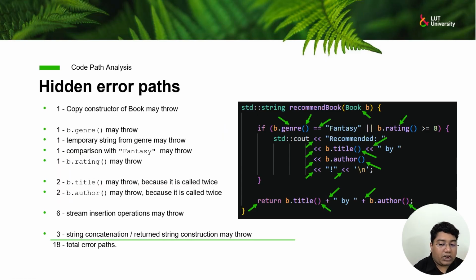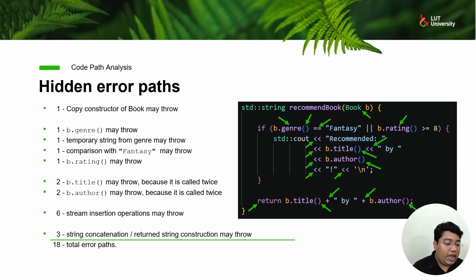Now let's put everything together. The copy constructor might throw, genre might throw, constructing a temporary string from genre might throw, comparing strings might throw, rating, title, author, those can throw. Every stream insertion operation is another possible failure point. String concatenation introduces several more opportunities for memory allocation to fail.